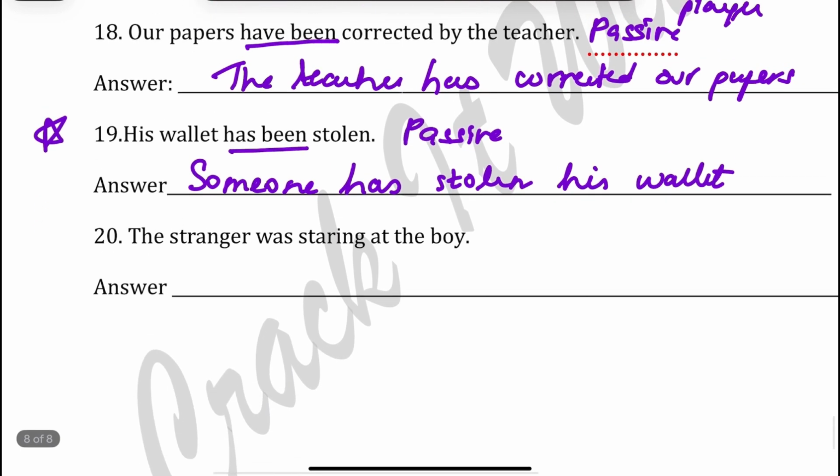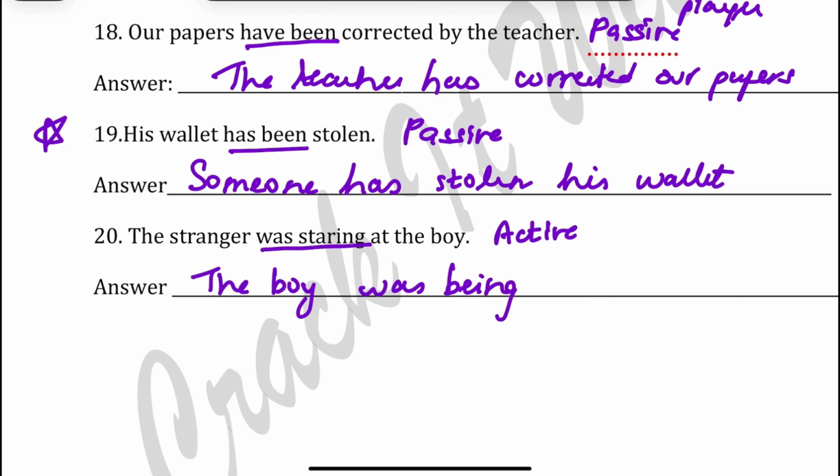The last one, I guess. The stranger was staring at the boy. Creepy. Okay, the stranger was staring at the boy. This is past continuous active. The boy was being, because it is ing, the boy was being stared.